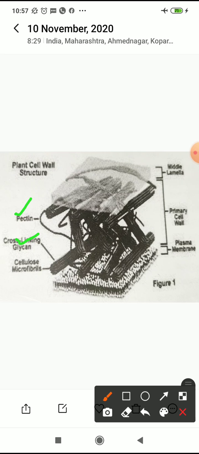Organized into a network with cellulose microfibrils, the cross-linking glycans increase the tensile strength of cellulose. Whereas coexisting network of pectins provides the cell wall with ability to resist compression.